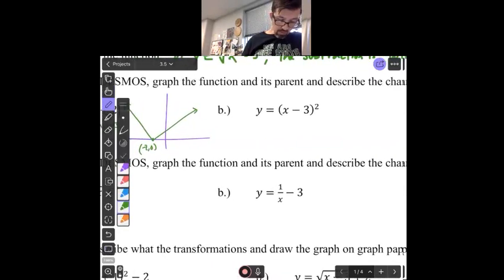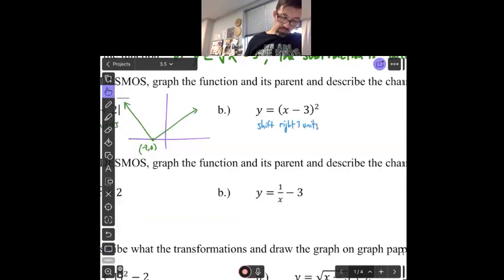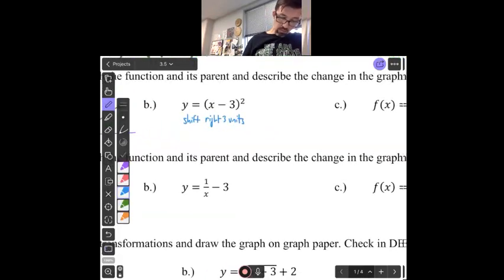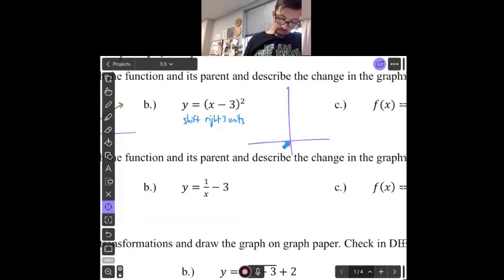Now this one was a shift right 3 units. And what we saw graphically, so what's supposed to start at 0, 0 should be a parabola. Instead of starting at 0, 0, it starts over here at 3, 0.